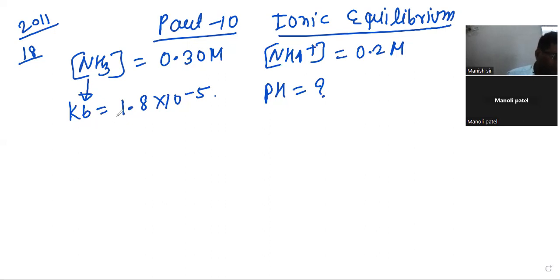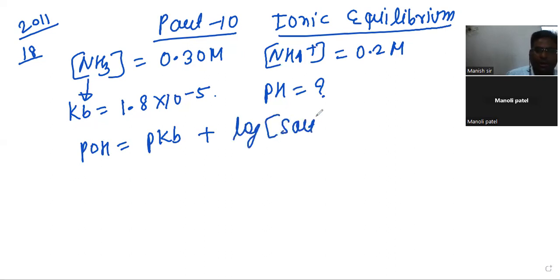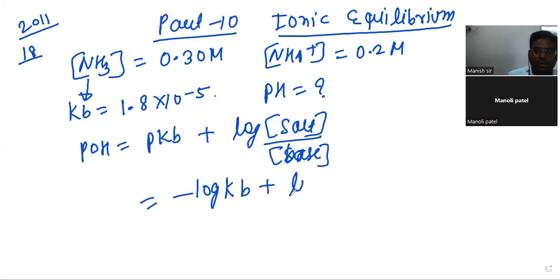So as we know, the pOH formula is pKb plus log of concentration of salt by concentration of base. So pKb is minus log Kb, plus log of concentration of salt by concentration of base.